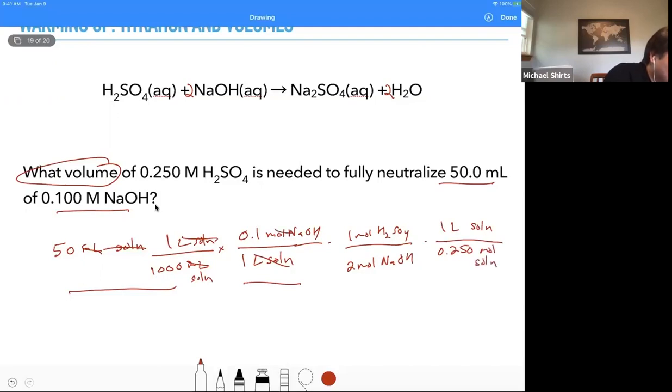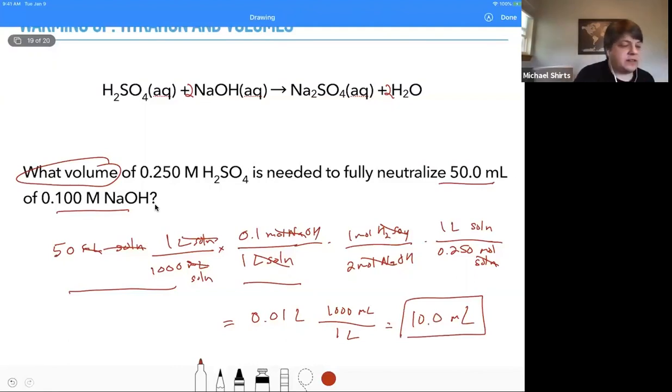So these moles cancel, and we get out 0.01 liters. Convert it to milliliters just to be tidy. 1 liter, 1,000 milliliters. We get 10.0 milliliters. 10.0 milliliters of our sulfuric acid. That's the amount of sulfuric acid that is needed to fully neutralize this amount of base.